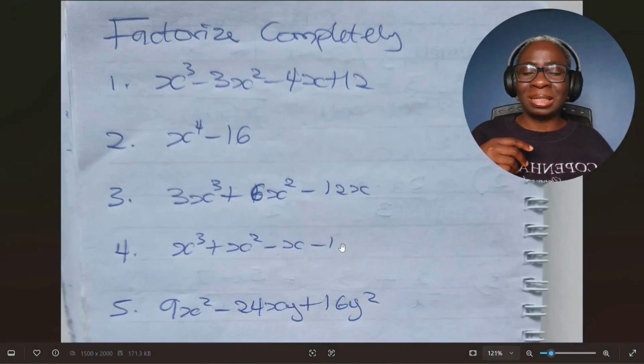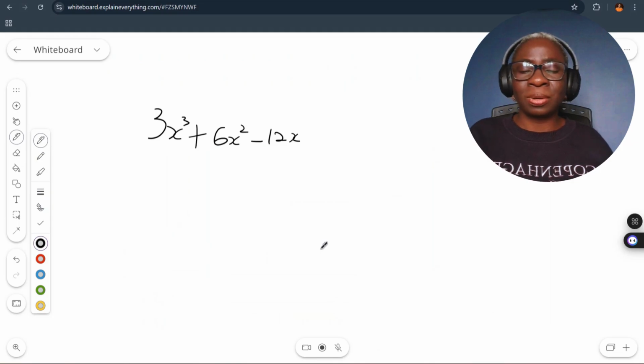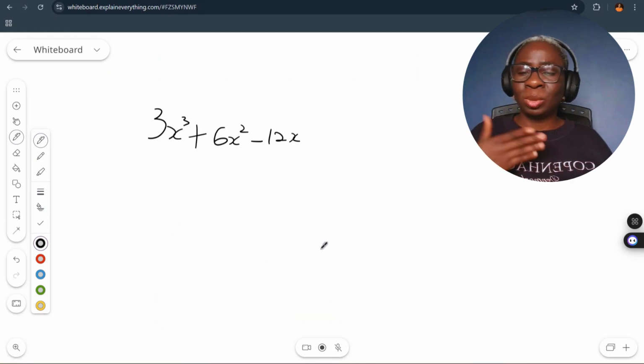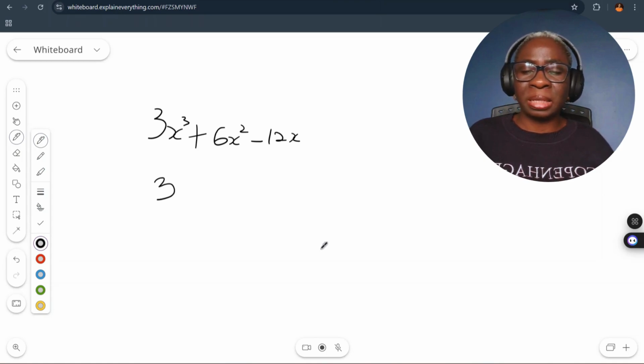And let's look at the third question: 3x cubed plus 6x squared minus 12x. We have three terms here, so there is no way we can group them in two. So let's just look at what is common to all. You realize that 3 will go in 3, 3 will go in 6, 3 will go in 12. So we bring 3 out, then we have x also, so that then we will open the bracket.